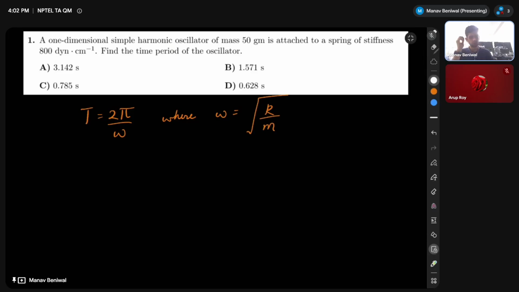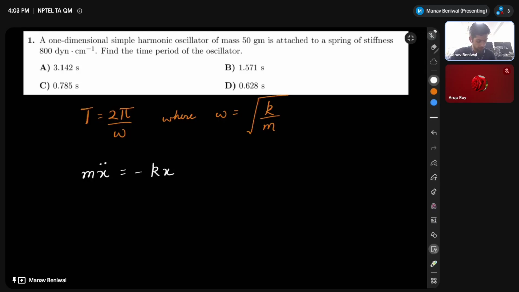If we don't remember how this formula is achieved, we can even do a quick derivation of it. We know that for a simple harmonic oscillator, this is our equation of motion. Our force is directly proportional to minus k of x, and this k is nothing but the spring constant.